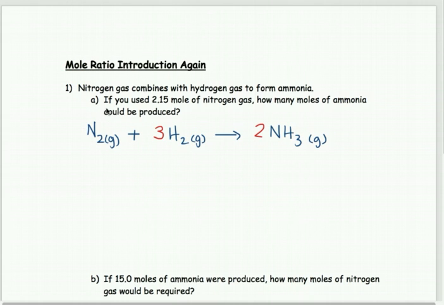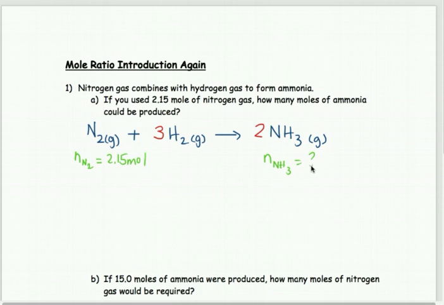I want you to read through, and it says, if you used 2.15 moles of nitrogen gas, so we know that the number of moles of nitrogen is 2.15 moles. So if we use this much nitrogen gas in this reaction, how many moles of ammonia could be produced?